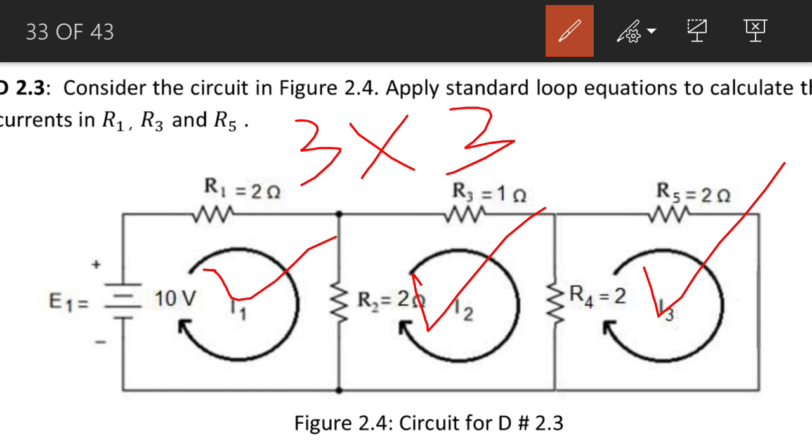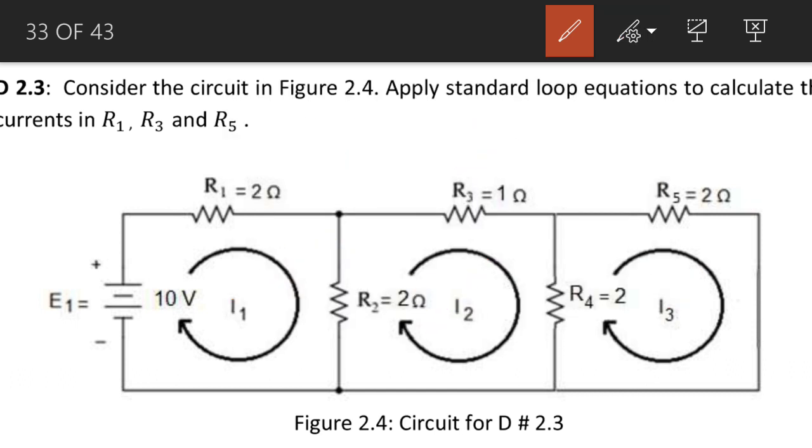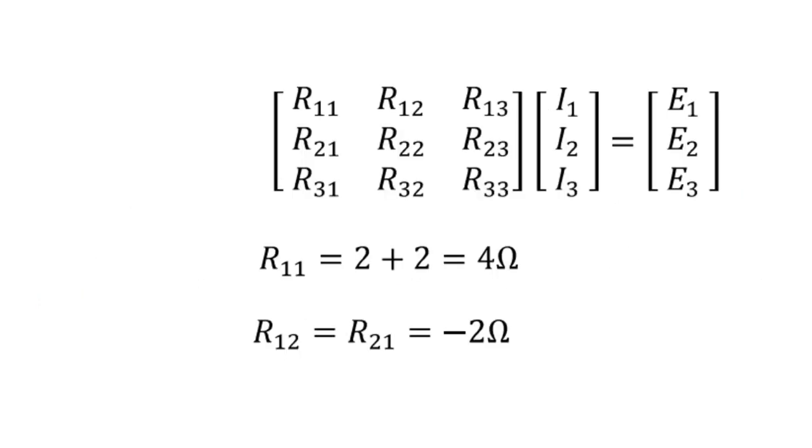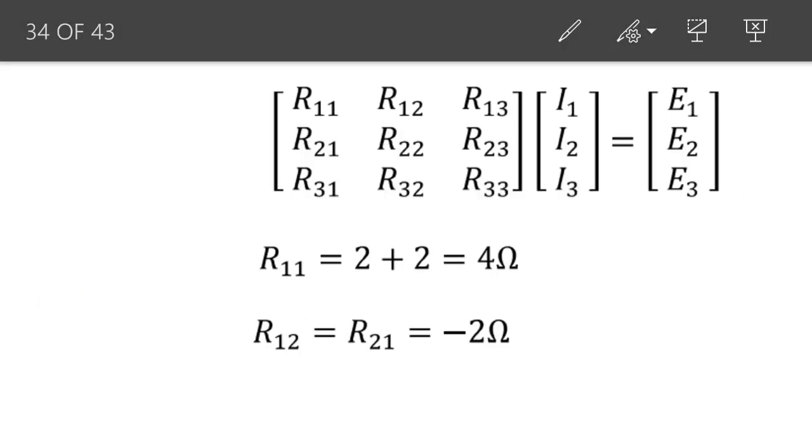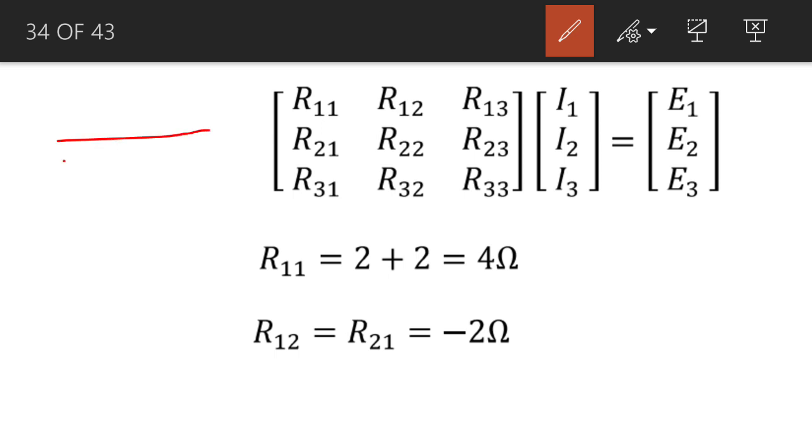So we consider the standard loop equations in the generic form. You see the size of the R matrix is 3 by 3. We shall find out I1, I2, and I3 with the help of Cramer's rule.